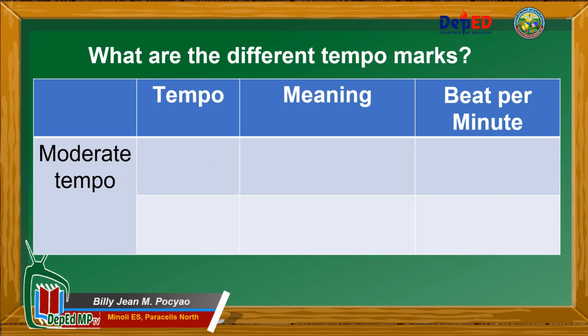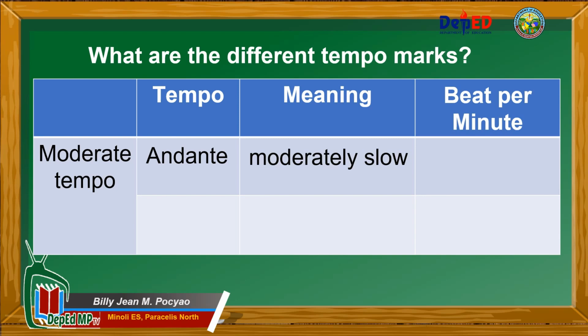We have here the moderate tempo like andante. Andante is a musical tempo marking meaning moderately slow. The literal meaning of the Italian word andante is at a walking pace, with suggestions of easy going, or it could be simply uniform, like the regularity of a walker's tread.